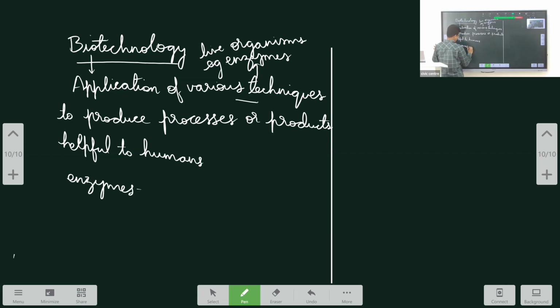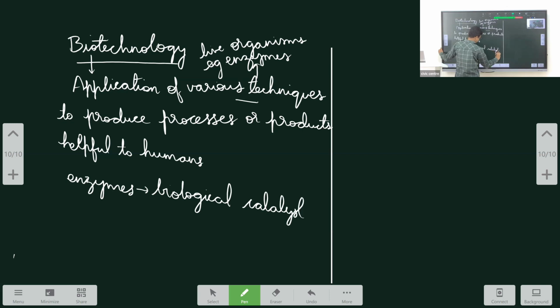We have also seen that they are biological catalysts. Similar to chemical catalysts, whereas catalysts are those that speed up the reaction, similarly the enzymes are those biological agents that speed up the physiological process.